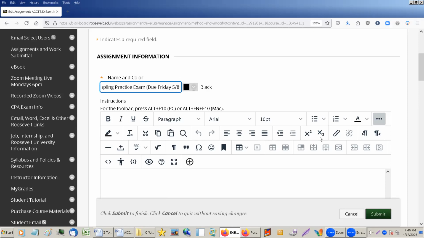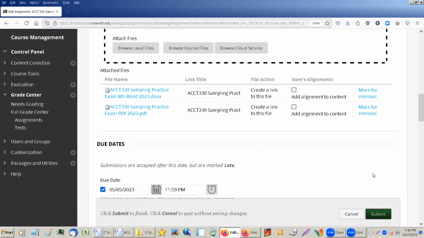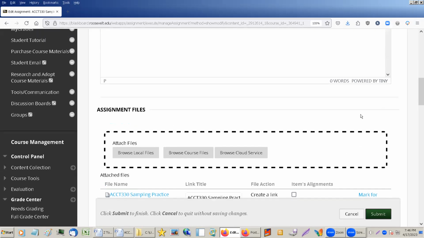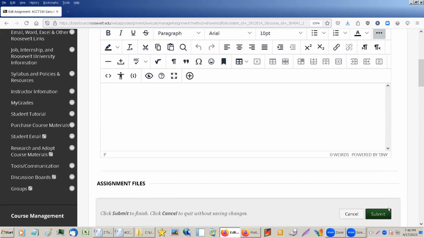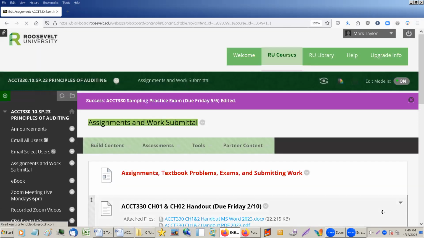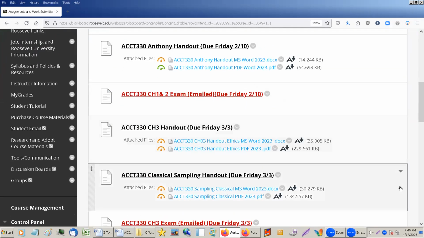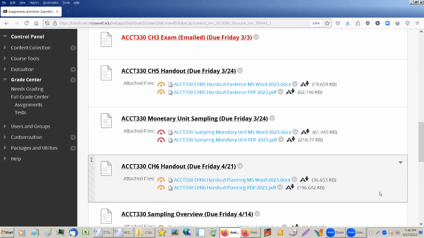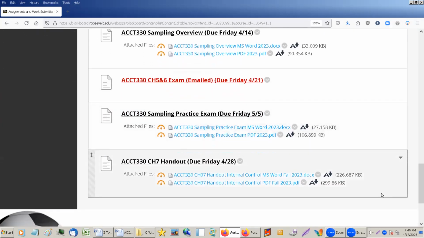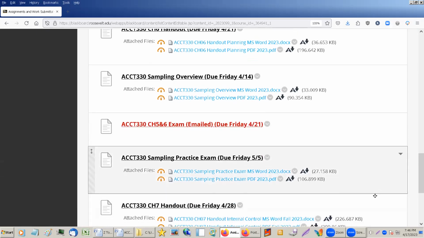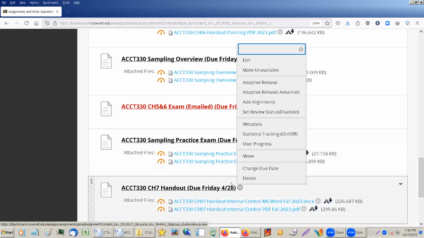I think it was 5.8. 5.5. That makes a difference. Let me check and make sure that's right. And this one will get changed also.